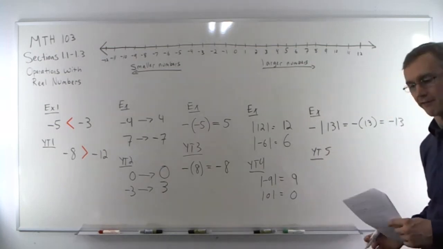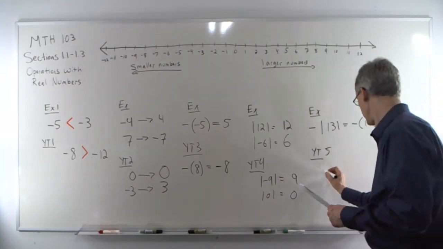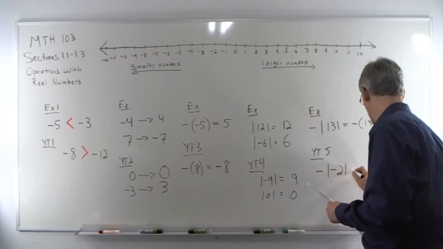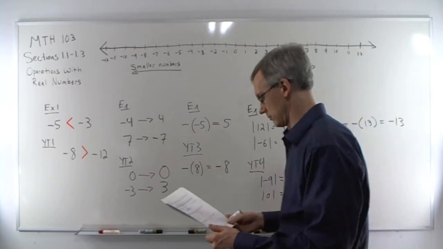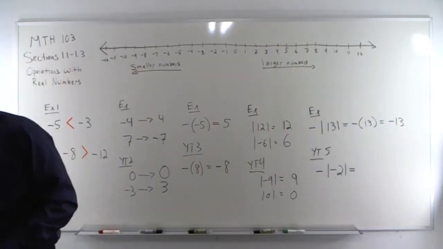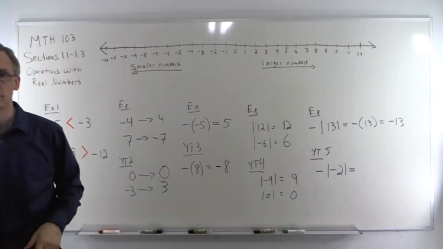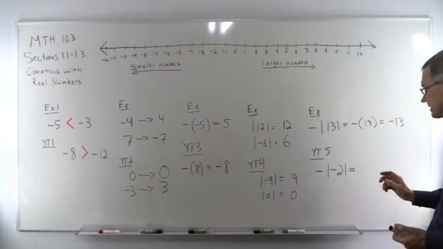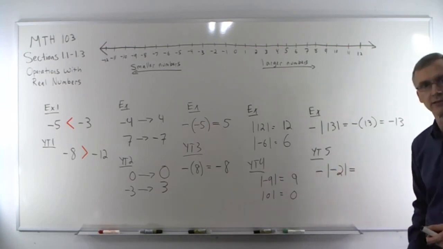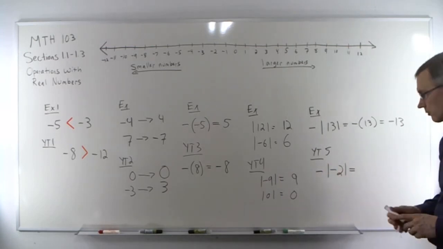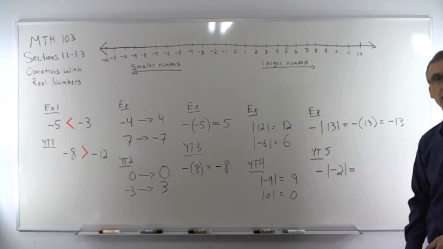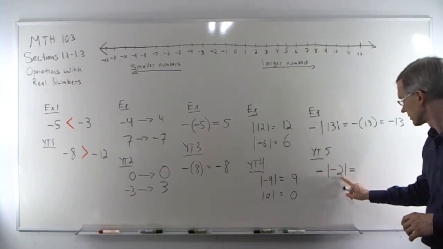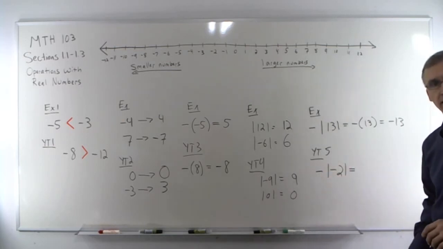Your turn, number 5. With this one, it may be tempting to cancel those negatives. Can't do that because one of them is inside the grouping symbols. So we have to work inside the grouping symbols first, figure out what this evaluates to, and then apply the negative.